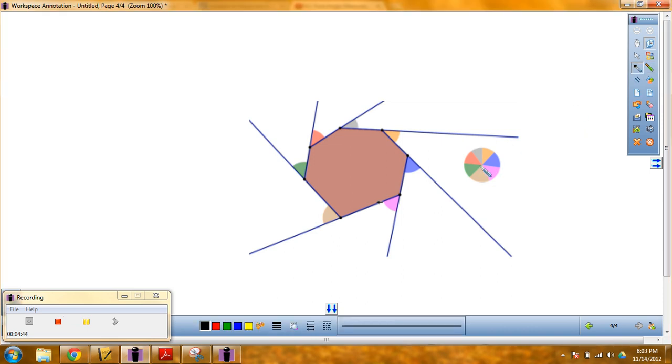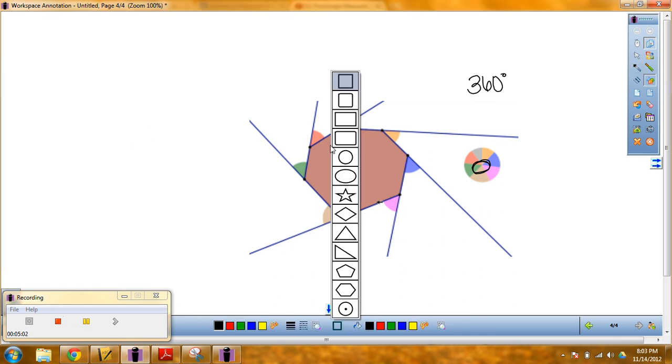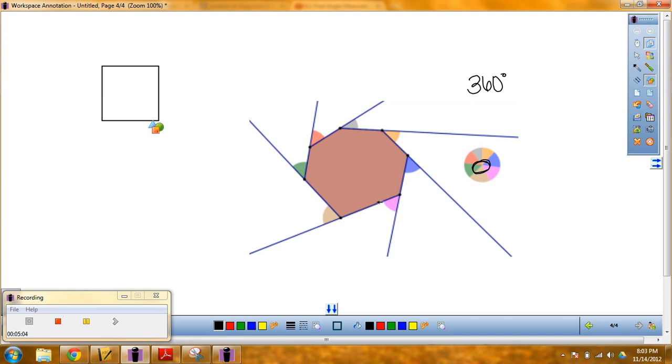And what do you notice about all of these angles added up? They equal 360 degrees, a perfect circle, right? This is true in every single polygon, right? If you do it with a square, which is an easy example, you extend your sides.